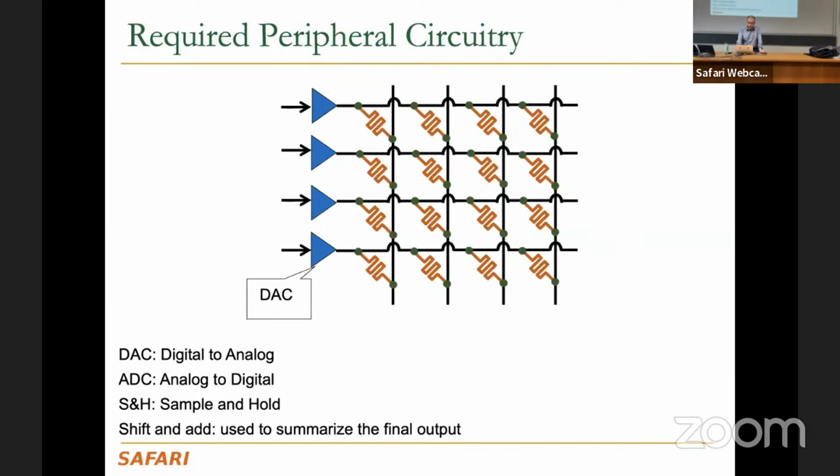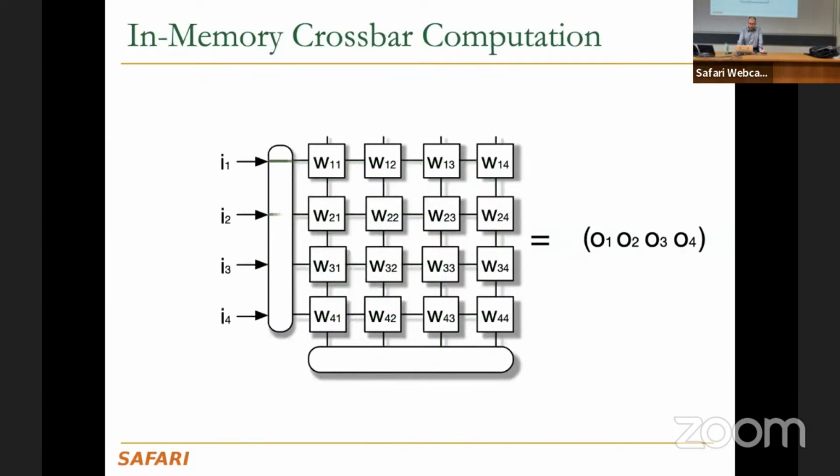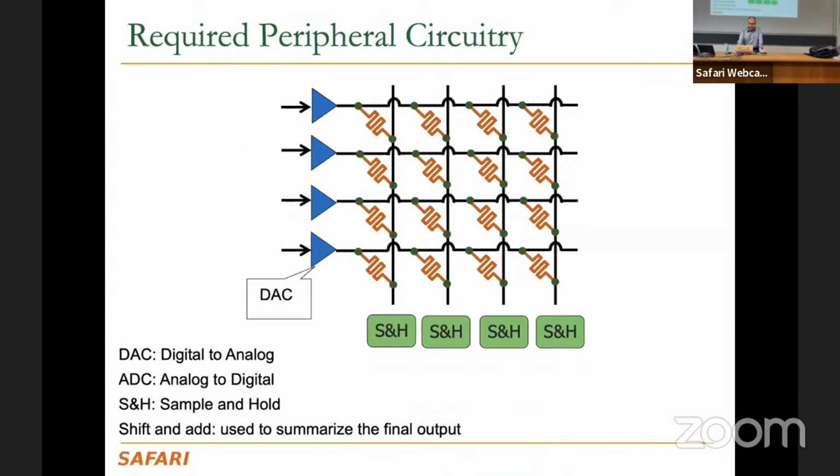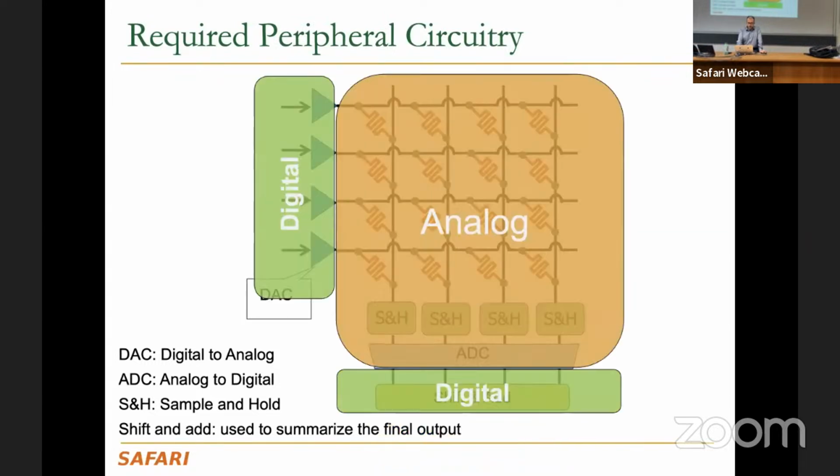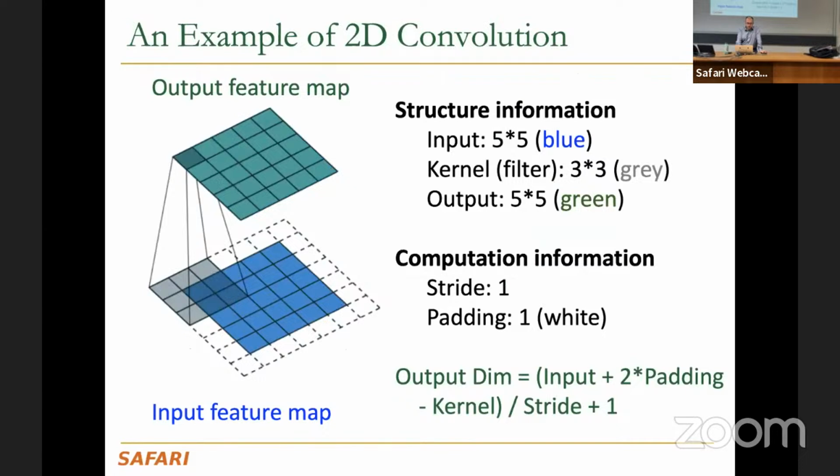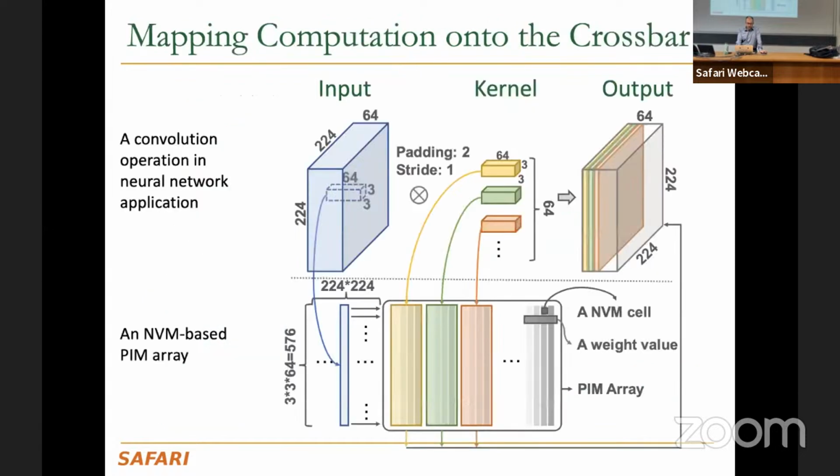This was first presented, where people used it for accelerating convolutional neural networks, in the ISAAC paper, for example.